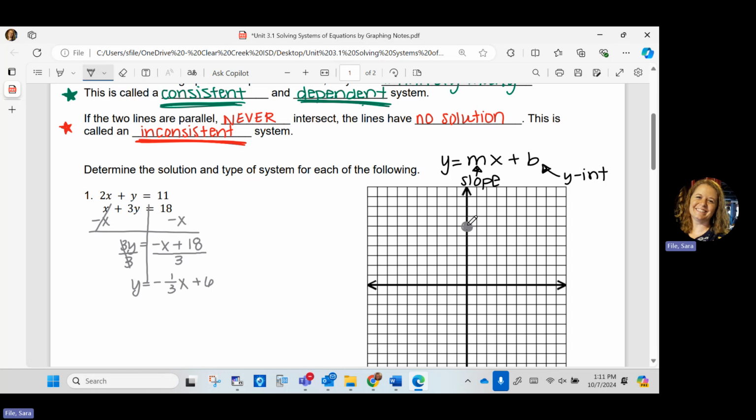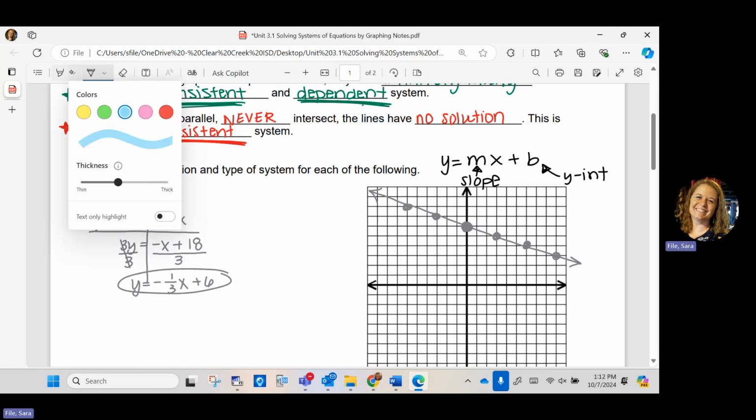I can either go down 1, right 3, from that y-intercept that I just plotted, down 1, right 3, down 1, right 3, or I could go up 1, left 3. So I get myself several points for the first graph, and I draw the line through those points. So there's that line for this one.